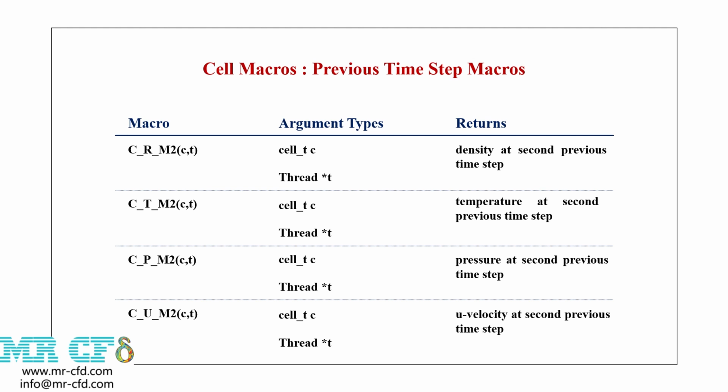Similarly, the C_R_M2 macro represents the density value 2 time steps back. The C_T_M2 macro represents the temperature value 2 time steps back. The C_P_M2 macro represents the pressure value 2 time steps back, and the C_U_M2 macro represents the velocity value in the x-axis direction 2 time steps back.